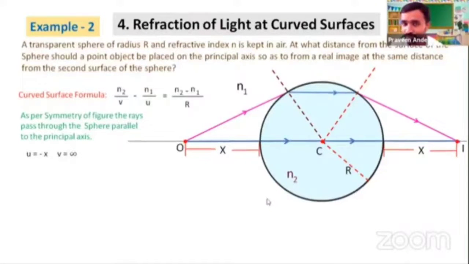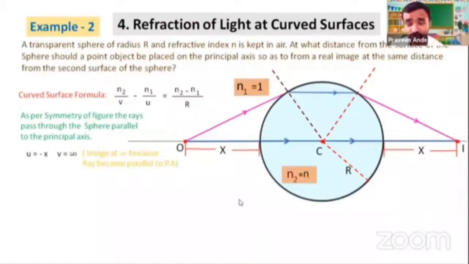Along the principal axis, one more ray we assumed, the undeviated ray. So I got U, I got V. To substitute in the equation, what other values do I require? N2, N1. What is N1 here? N1 is the refractive index of air, taken to be 1.